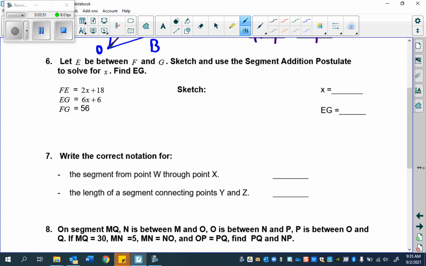All right, let E be between F and G. Sketch and use the segment addition postulate. So we'll go ahead and draw what that sketch looks like.